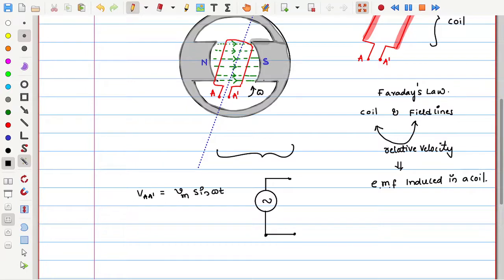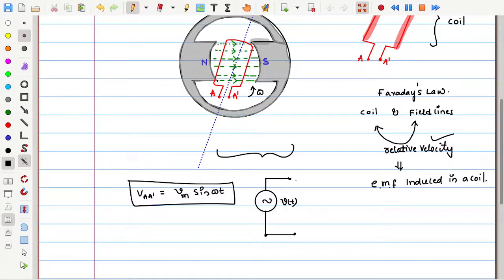As a result of this motion, relative velocity is created, thereby inducing EMF inside the coil. The induced EMF has the shape Vm sin omega t, and that is our voltage.